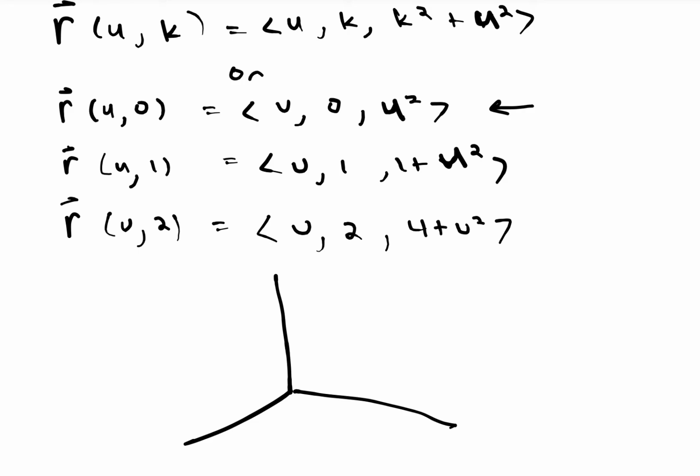So since I have a 0 in my y component, this thing is just totally going to lie in the xz plane, right? So if this thing is totally lying in the xz plane, that means that if you pick some value for u, or your x here, once you plug that into u squared, it'll tell you how high to go up for the z component, right?